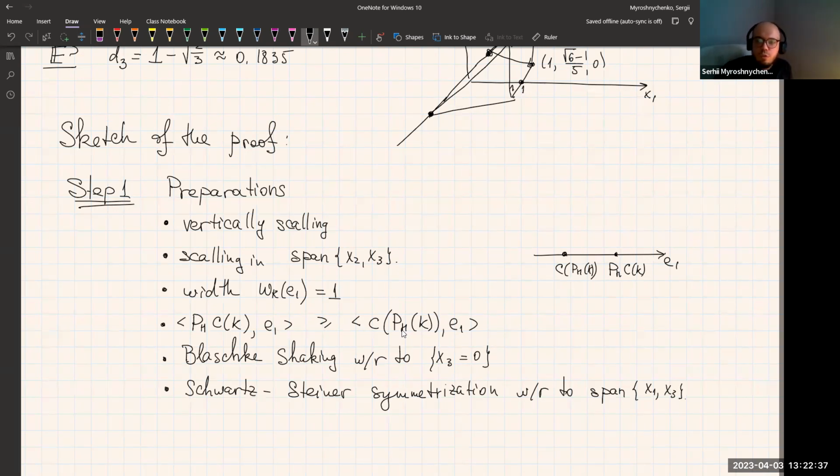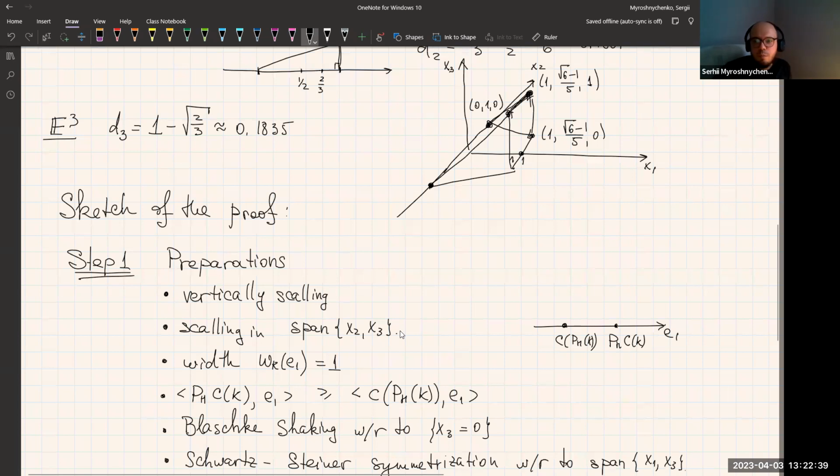If I were to look at my future optimizer from this direction, looking along x1 and seeing x3 and x2, then whatever is happening here, I symmetrize with respect to this. This is my x3 and this is my x2. So I want it to be symmetric with respect to x1, x3.